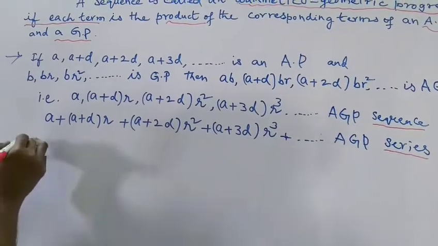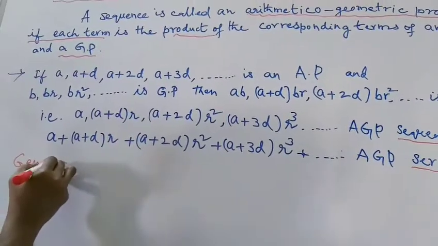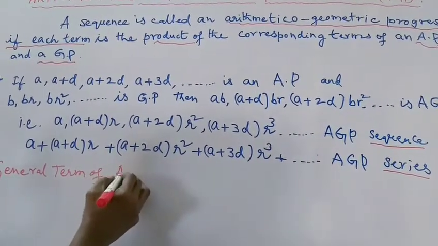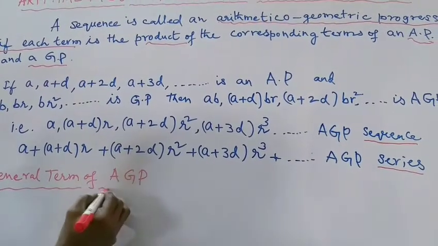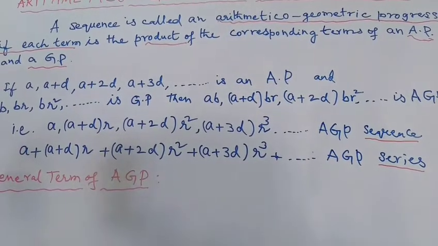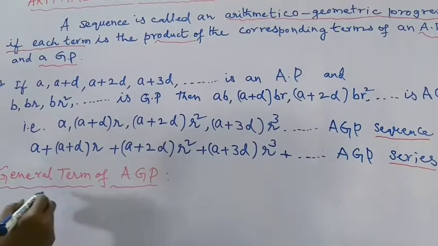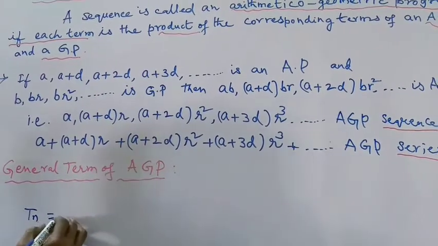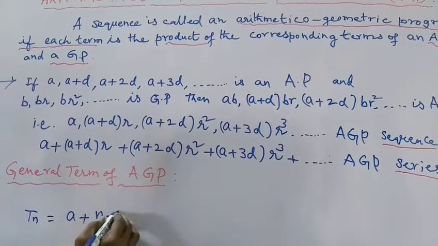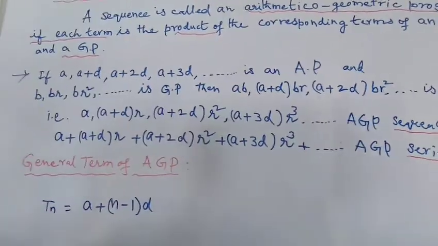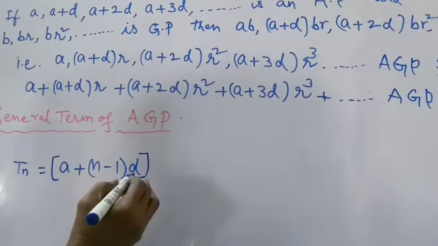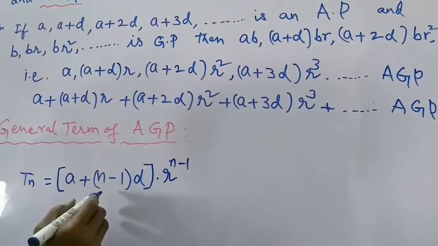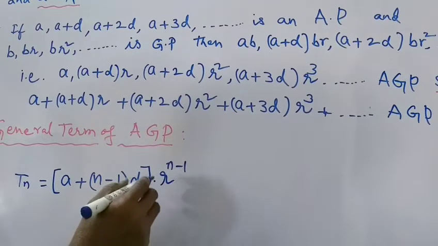Now, the general term of an arithmetico-geometric progression, AGP, is Tn equal to (a plus (n minus 1) into d) into r to the power of n minus 1.